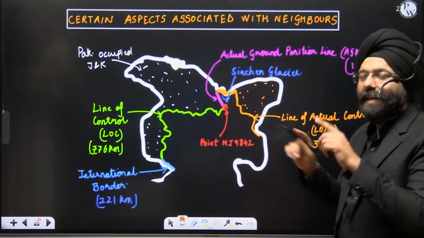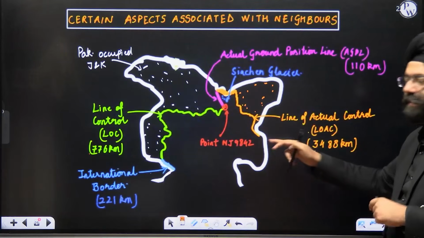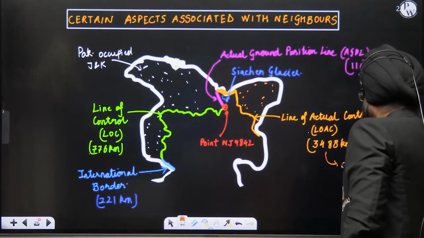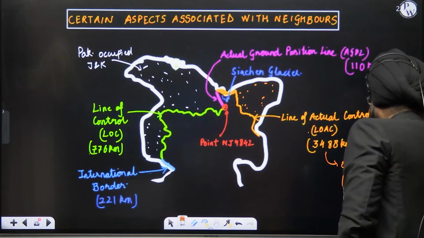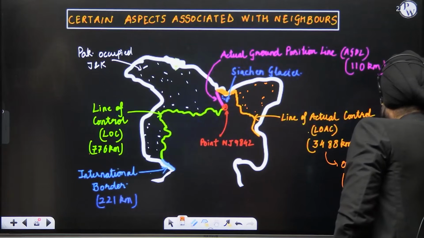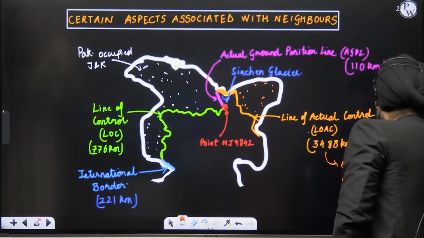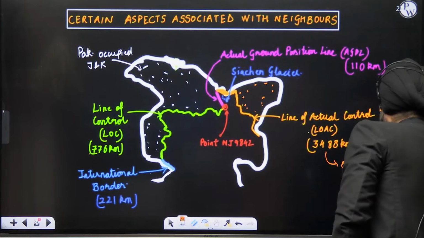So the complete LAC is 3488. It is not confined to this here. That means other parts, which include the middle and western segments or sectors.